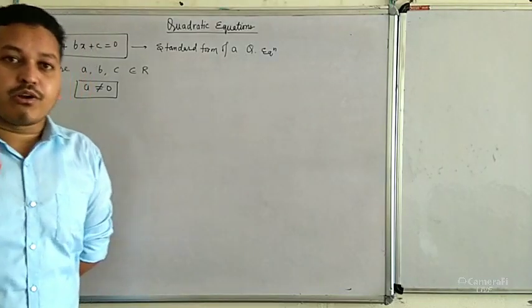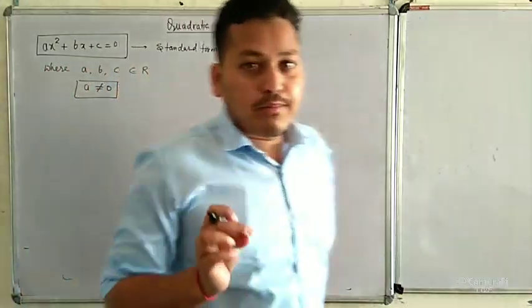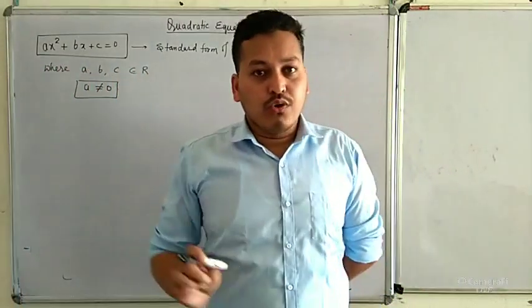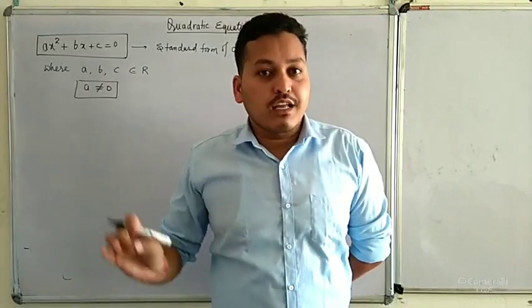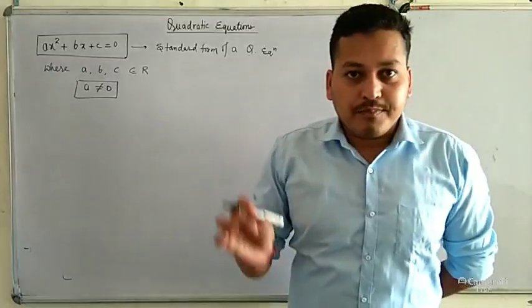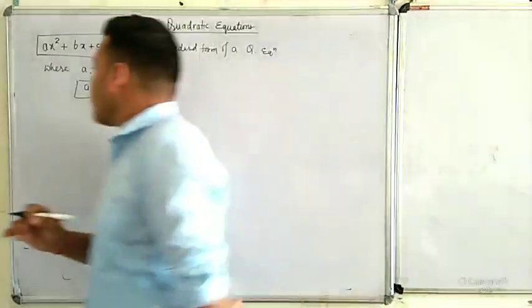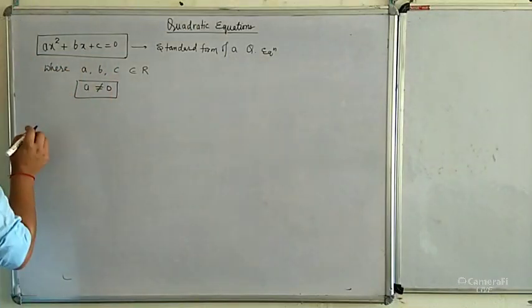Okay, so remember in your mind the standard equation of the quadratic equation is ax square plus bx plus c is equal to 0, where a, b, c are real numbers, any real number, and a does not equal 0. In this equation, how many variables are given?